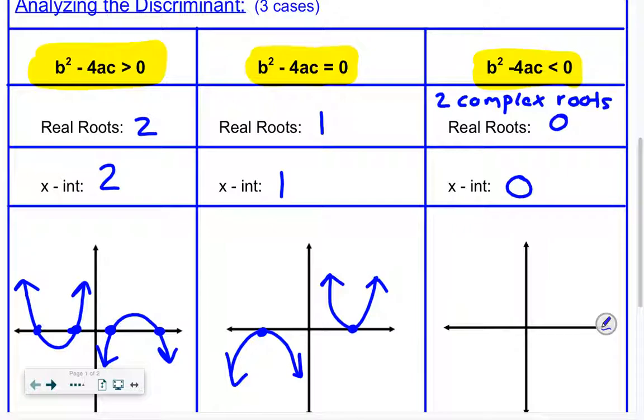We talked about multiplicity going back to the previous case, and we can use multiplicity to reason that there's only one real solution there when there should have been 2. But we have to be able to reason why there's none here. Well, that's because there's 2 complex roots. If there's only one real root, does that mean there's one complex root to go along with it? No. Okay. 2 complex roots.